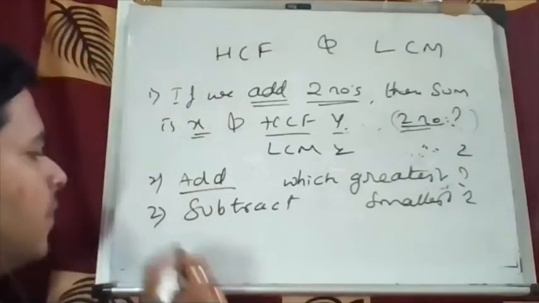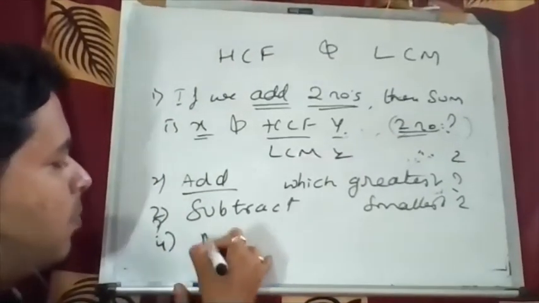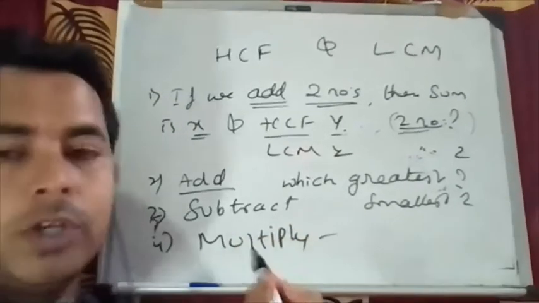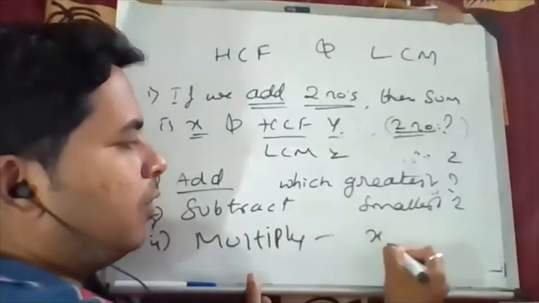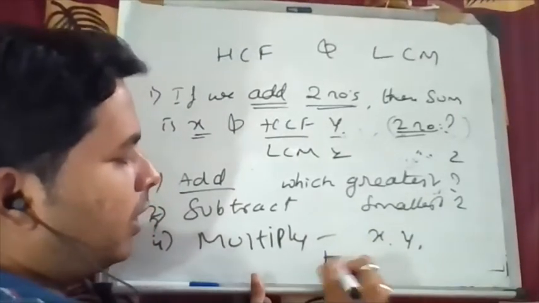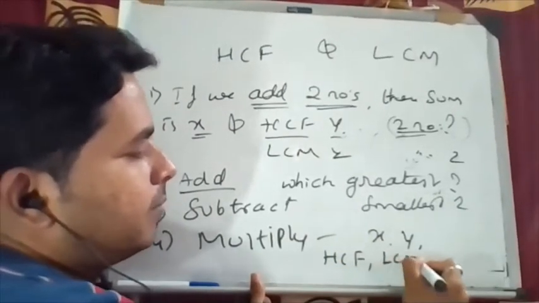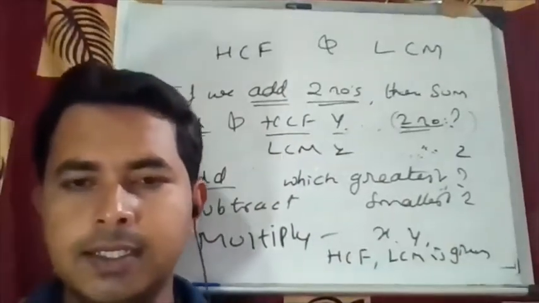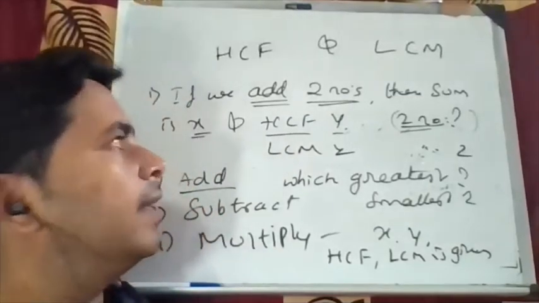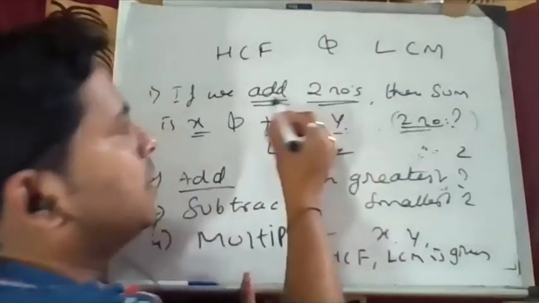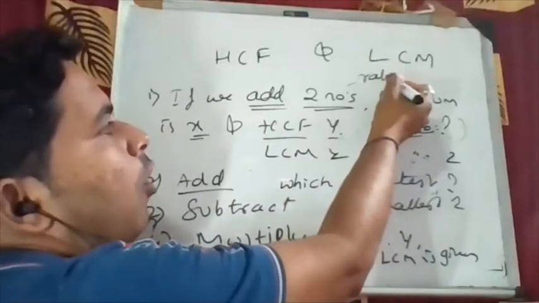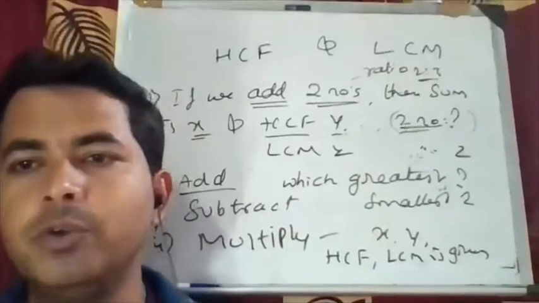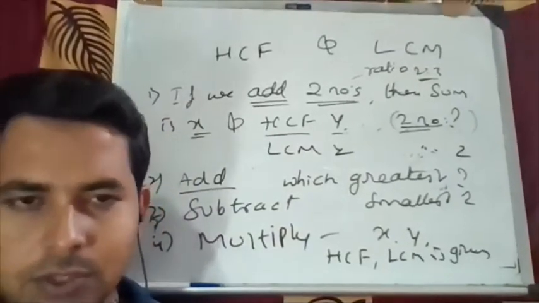Or else sometimes they'll ask if we multiply two numbers, what will be the x value and what is the y value if HCF and LCM are given. And sometimes they'll ask ratios. If the addition of two numbers is in the ratio 2:3, they'll give it in the ratio, so we have to find out the values. Like that they'll ask.